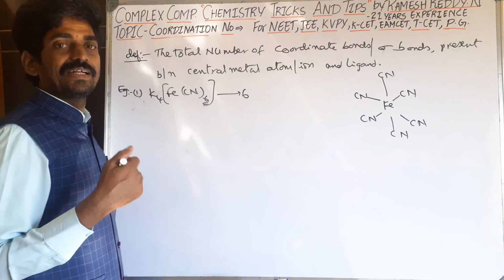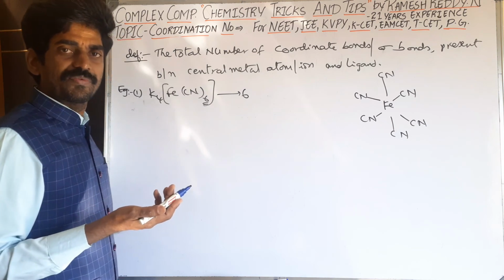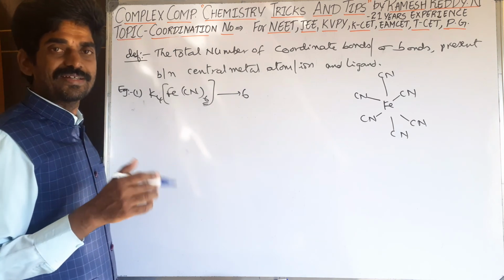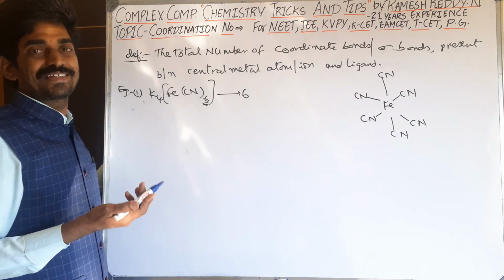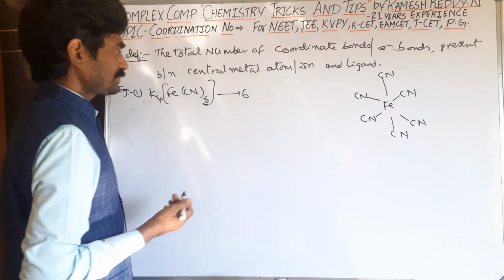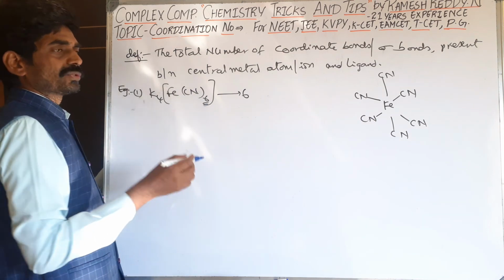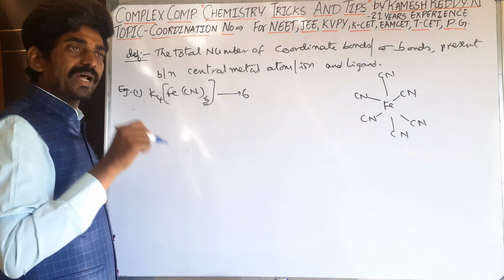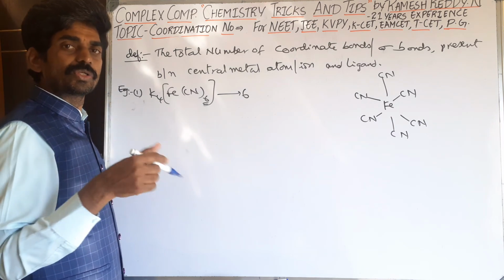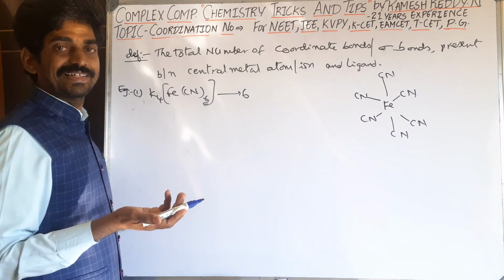Tridentate ligand can donate three lone pairs and form three coordinate bonds with the central metal atom, like that. Okay, got it? Now, in the case of monodentate ligands, the number of coordinate bonds is equal to the number of monodentate ligands, right?